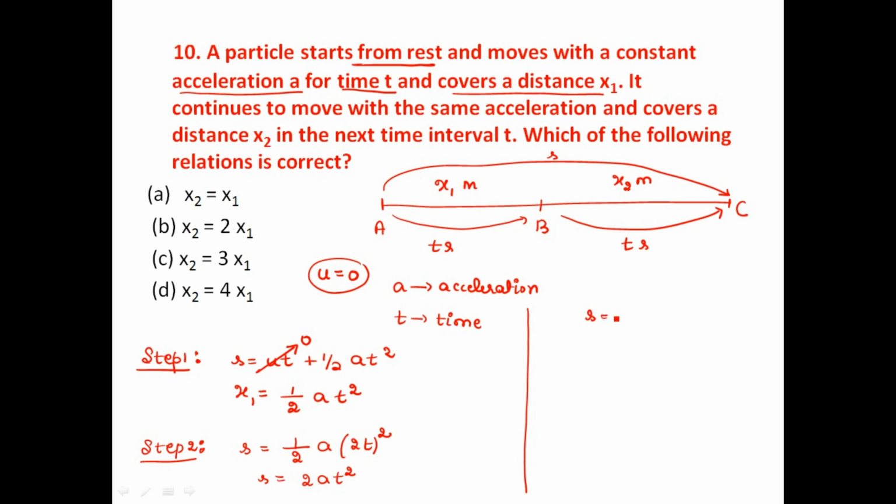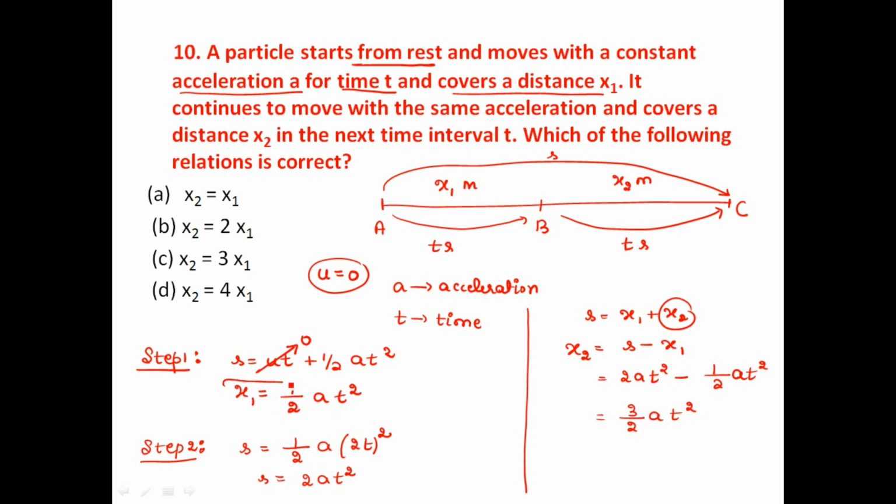What about the total distance? We can write s is equal to x1 plus x2. What about x2? We are going to write the expression for x2 now. x2 is equal to s minus x1. That is 2at square minus half at square. So what I am going to get here is 3 by 2 at square.